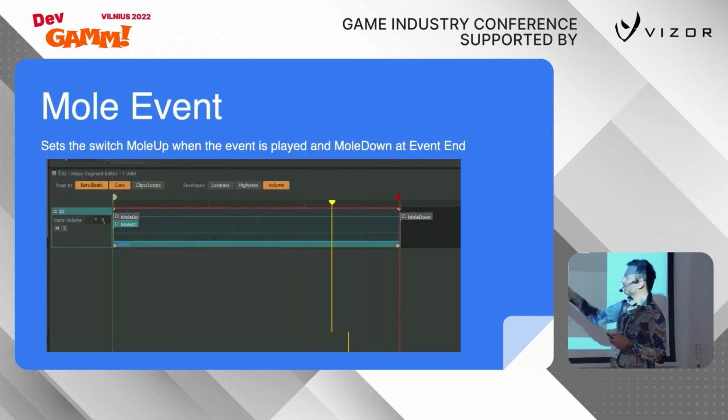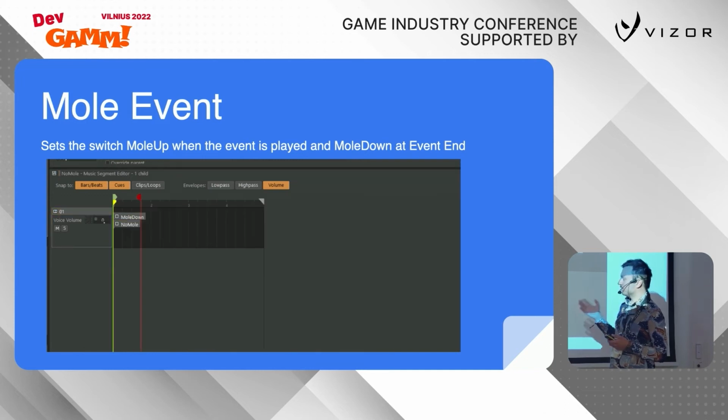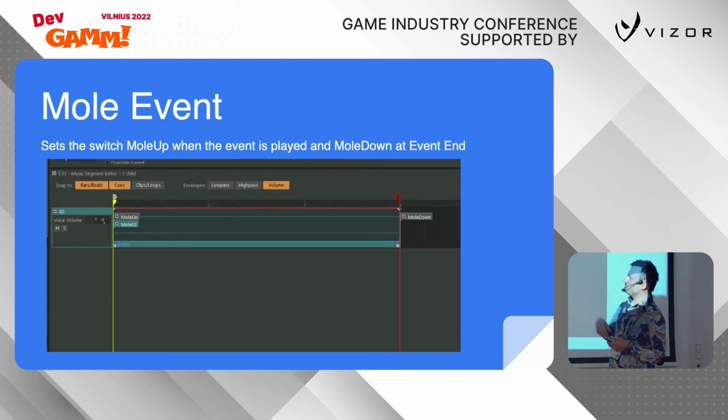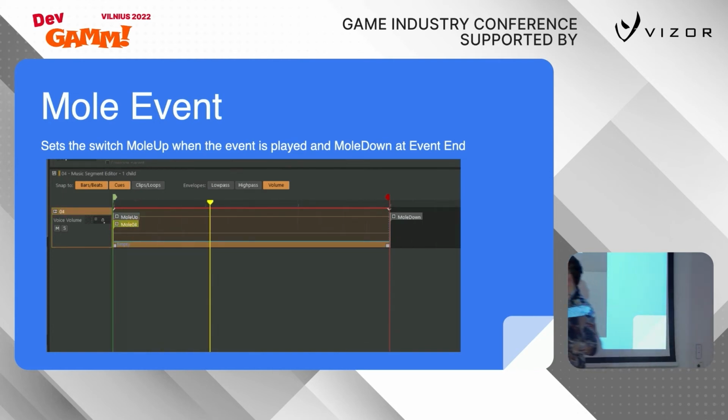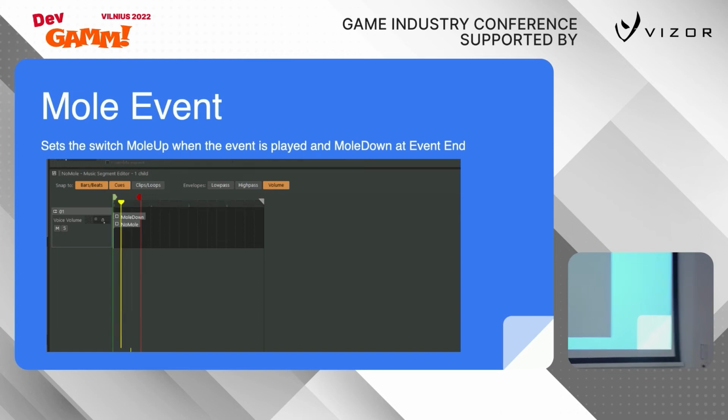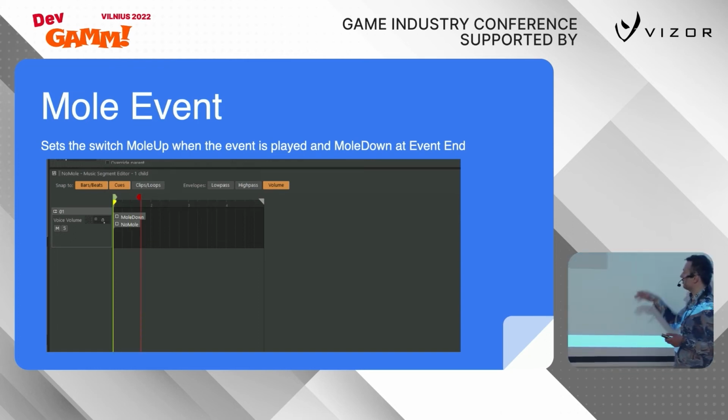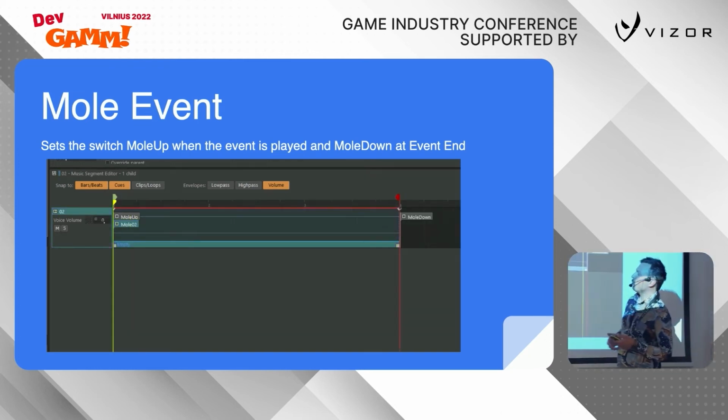And in the mole event, I actively use the music system in Wwise, because then you're able to put some music events in it. So for instance, here, when it's mole 2 or mole 3, then a state is set, the mole is up, and when the event is finished, then the mole is down again.